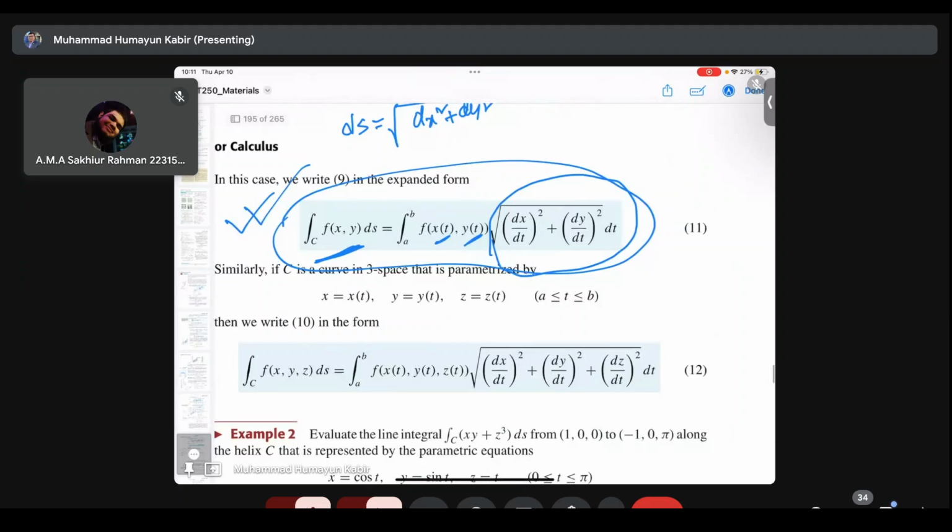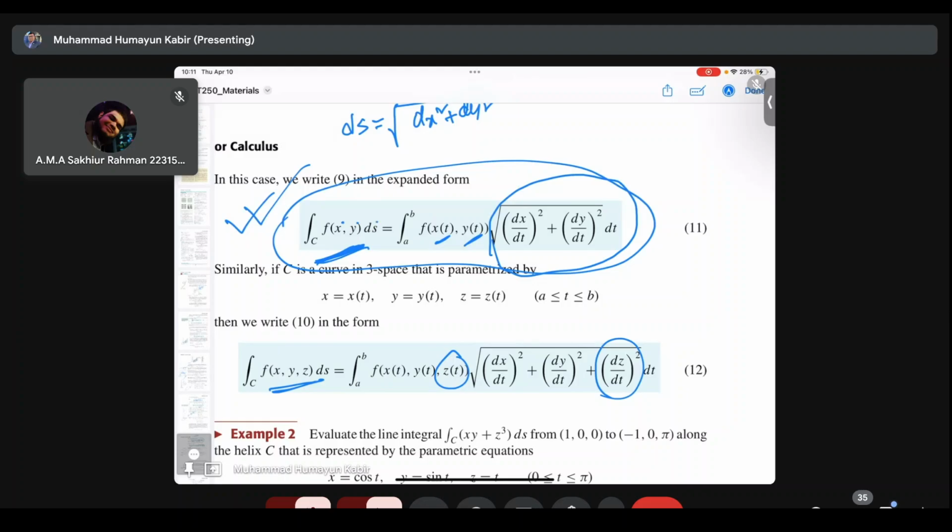Look at here. There might be two possibilities, a two variable function or a three variable function, same process. Just one extra variable will come if you have a three variable function, but the main mechanism is exactly the same. So what should we do here? We must know the parametric equations of the curve C where the integral is defined, from where we can transfer both x and y to a single variable.